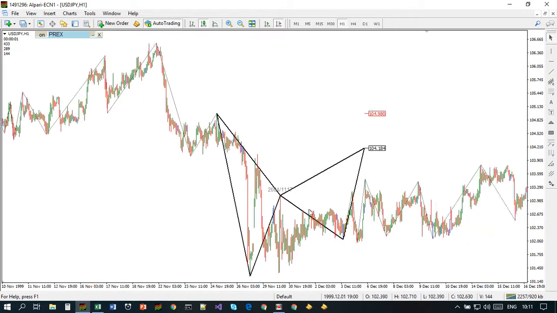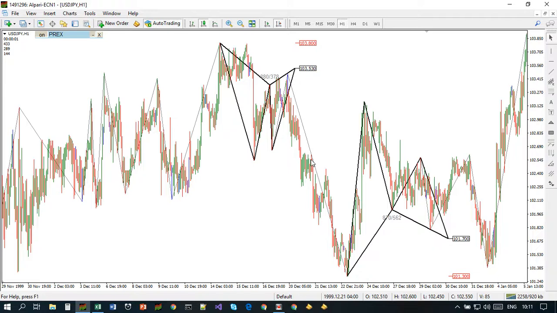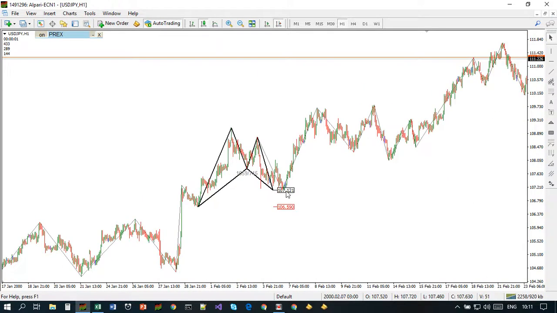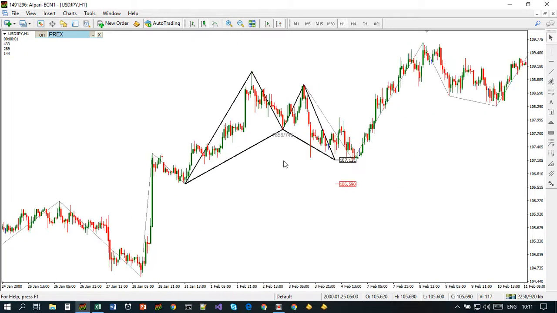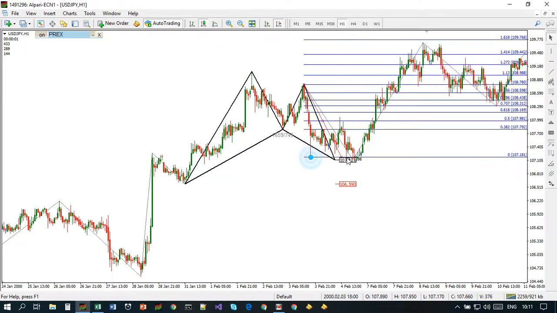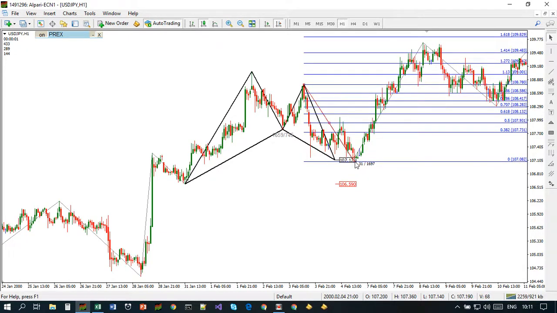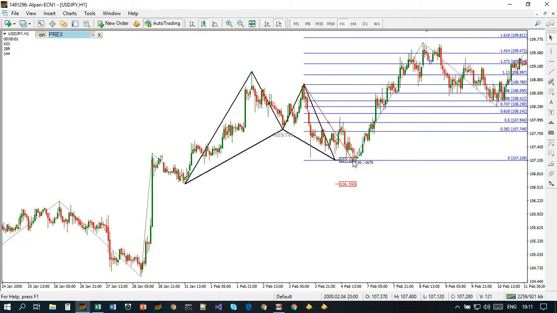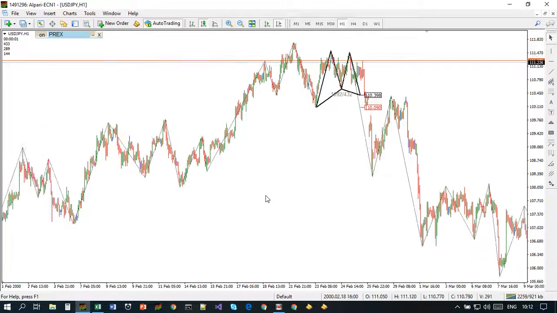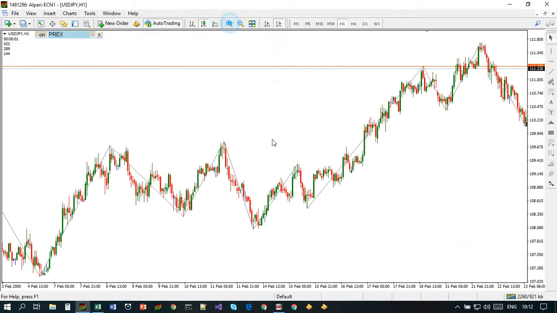Gartley is invalid. This one is invalid, invalid. Okay, this one, let me check it. Didn't complete at the first test. Didn't complete on this. We did complete on the second test. It was a sharp reversal. This time we didn't enter.